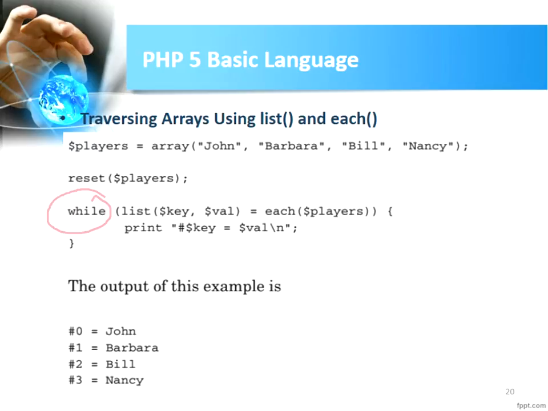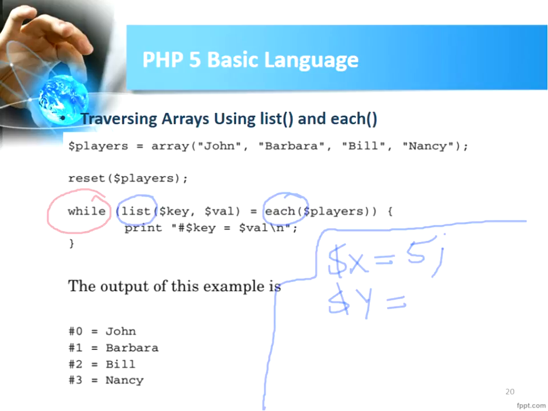Another manner, I can use another loop. I can use the while loop, and in while I will use 2 functions. The first one is list, the second function is each.